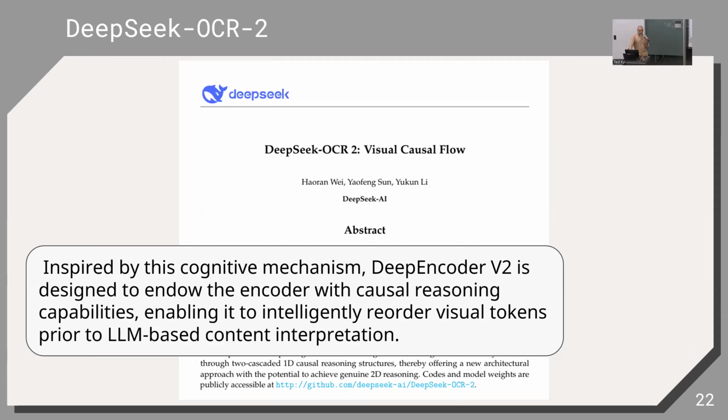They again focus on deep encoder, and they want it to be able to do causal reasoning so that it can intelligently reorder visual tokens prior to LLM-based content interpretation. What does that mean? They're saying that if you feed text into an LLM, it sees the first word, it sees the second word, it sees the third word, and it just goes through regardless.